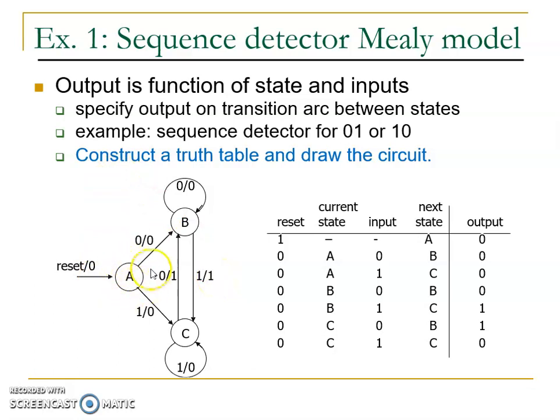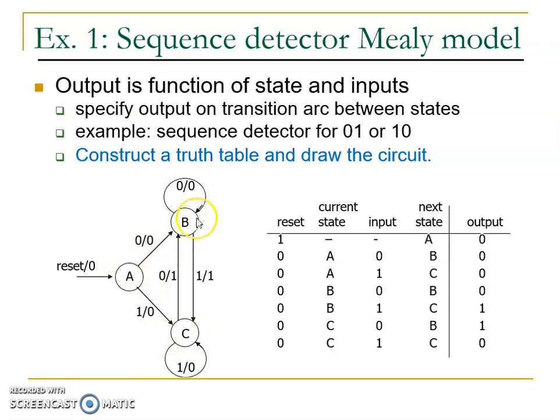For example, we have three states: A, B, and C. First, we look at state A, and we have input 0 here and output 0. For input 0, it will go to next state B. For input 1, it will go to next state C.